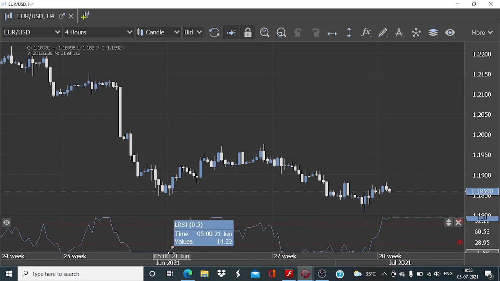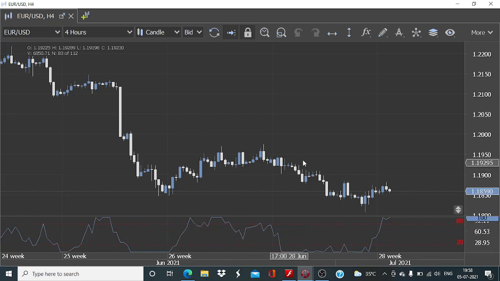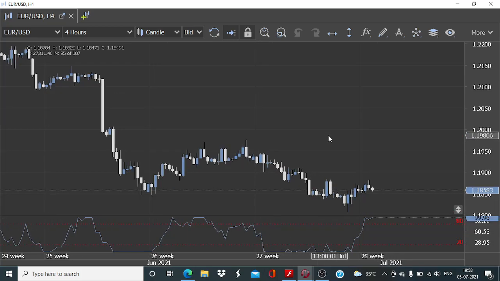And for that we will add the condition that the penultimate 4 hourly candle block of the LRSI with the shift value of 2 should have its output value above 20. And for the last 4 hourly candle block, the LRSI block with the shift value of 1, the output needs to be below 50. So that will pretty much provide us the optimum setup for initiating the sell trade.